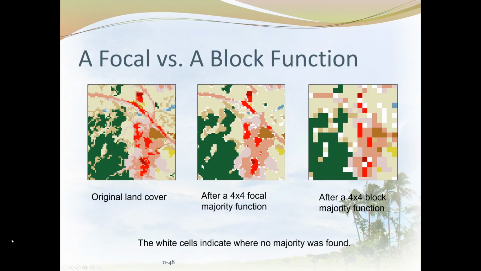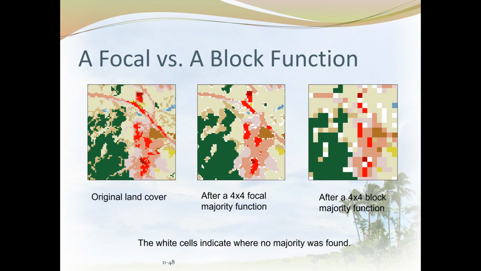A block function moves the window such that it never overlaps the previous window, but it produces a set of side-by-side adjacent windows that are independent of each other. Once the statistic is calculated for the window, every cell in the neighborhood receives the same value before the window moves on.